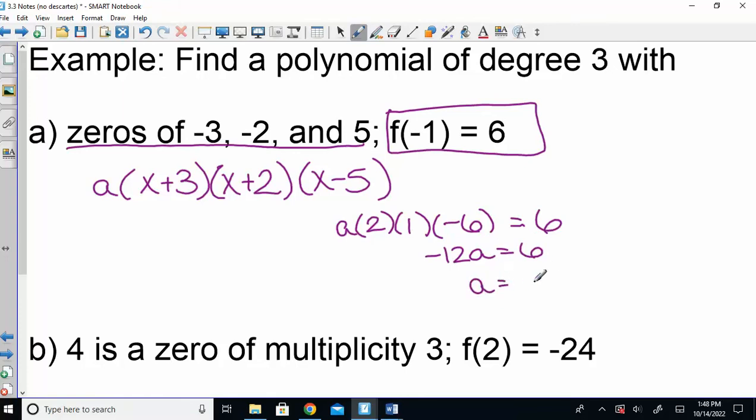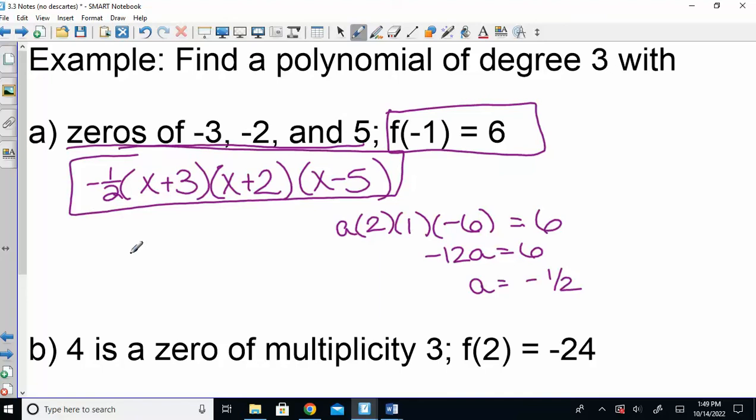So we get -12a equals 6. Divide by -12, so a is -1/2. So my final polynomial, we have -1/2 (x + 3)(x + 2)(x - 5).